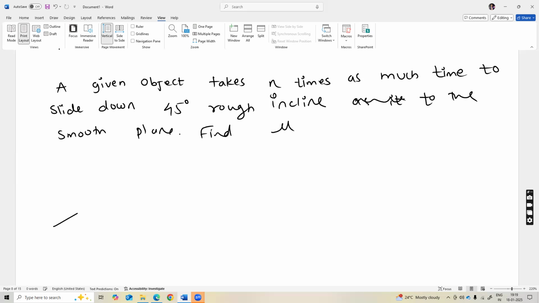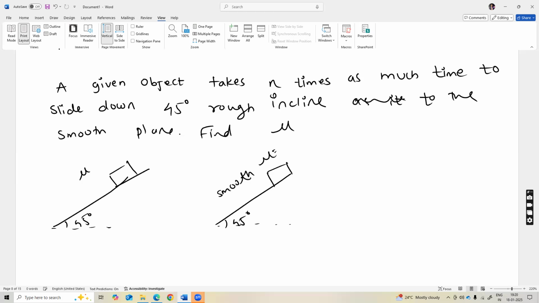So basically there are two planes, both making an angle of 45 degrees with the horizontal. First one has the object on a rough surface with coefficient of friction mu. Second one is a smooth surface, smooth means coefficient of friction is 0.